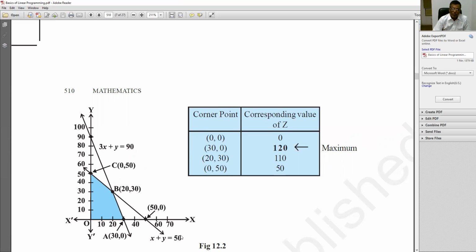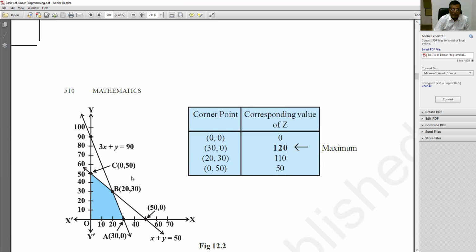By substitution or by any method, you can find that x is equal to 20 and y is equal to 30. Then 20 plus 30 is equal to 50. It is proved. And if you put here 20, then this will be 60 and y is equal to 30, then this is equal to 90. Means your solution is correct.